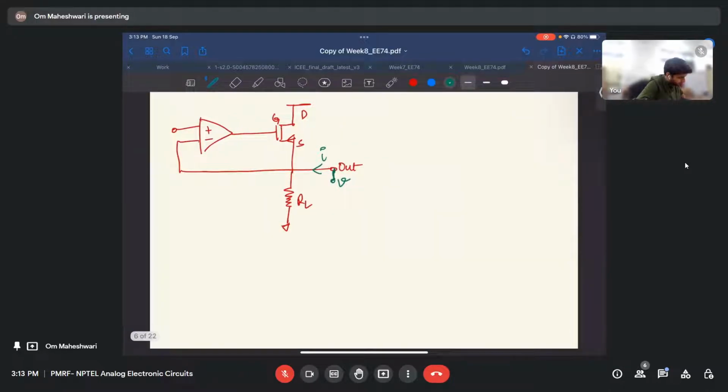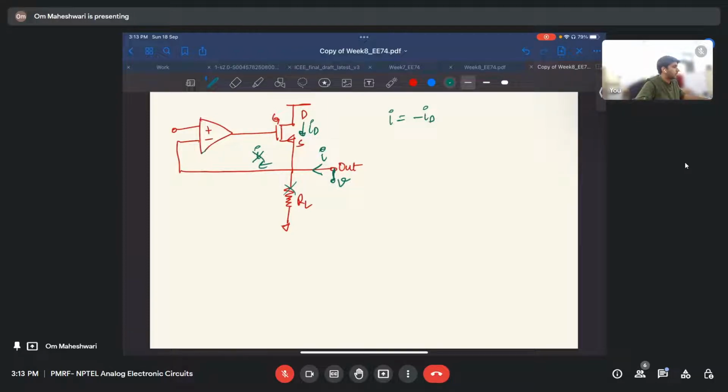So we assume there is no AC current flowing through RL, and since this is an ideal op amp, the current going into it will also be zero. So the only current I is equal to minus ID.